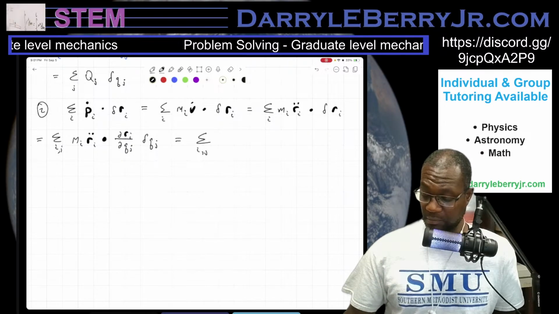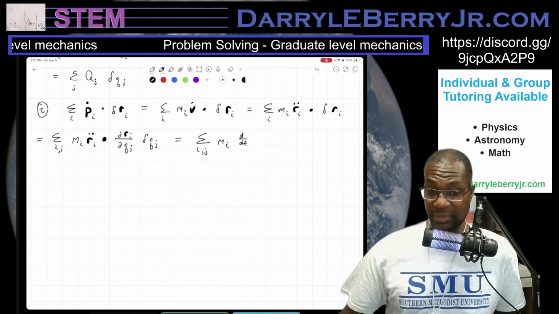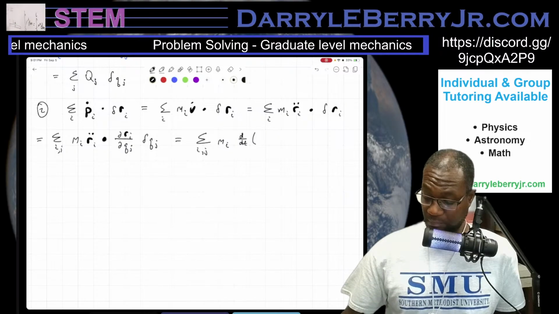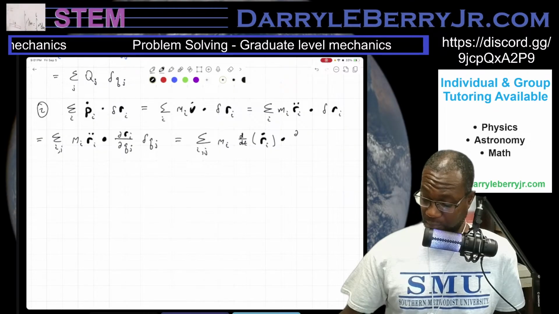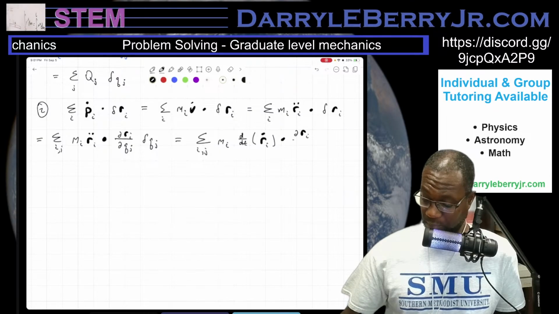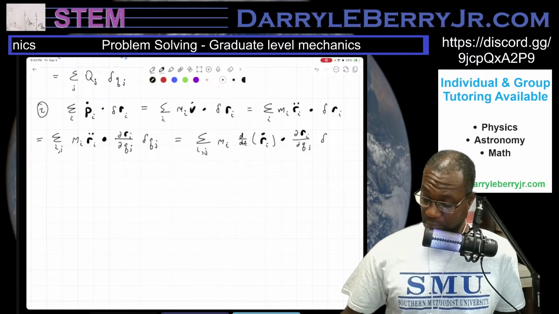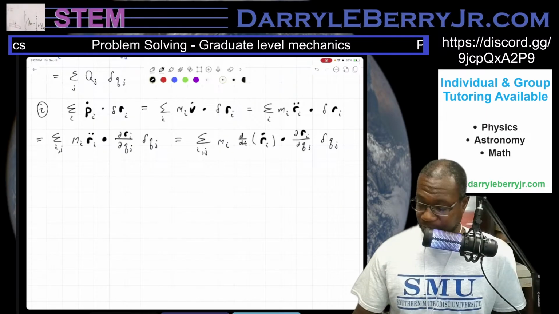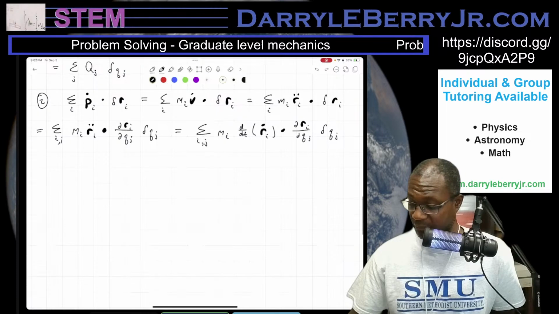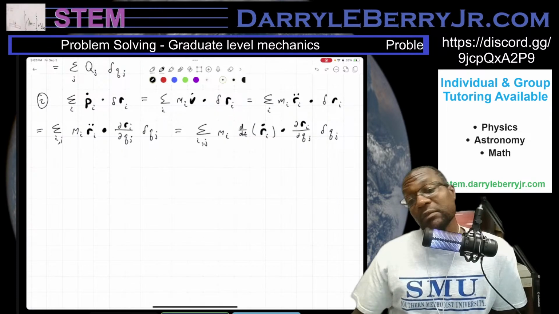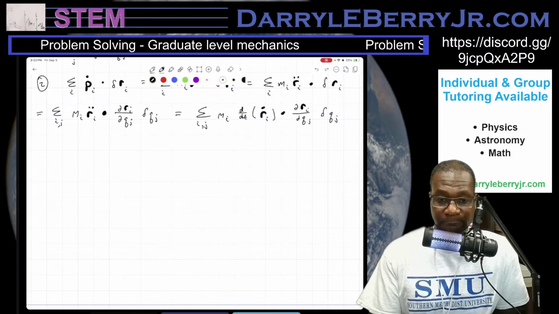If I extrapolate one more time, I'll call this d/dt. All right, so all I did was take my velocity and extrapolate it into its derivative components, insert the extrapolation of the virtual movement component from earlier, and now I have this.